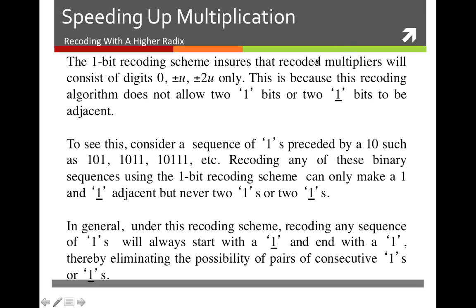And we could just consider, for example, these sequences. If I take this sequence and recode it, you can see what happens: I will start with the -1, and I'll then put a 0 and a 0, and then put a 1 in here. And then I'll just simply look at the pattern after that.